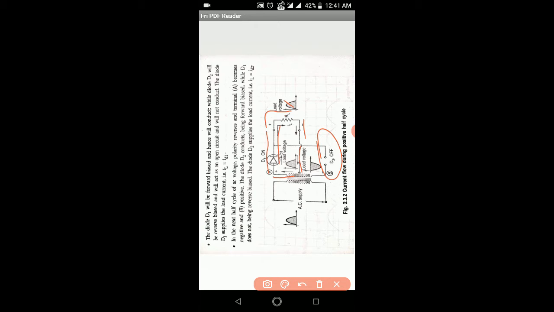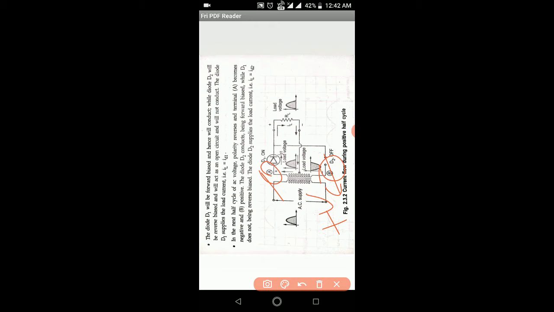In the next half cycle of the AC voltage, the polarity reverses and terminal A becomes negative. Here you can see there are two terminals, terminal A and terminal B. During the negative half cycle, terminal A becomes negative and terminal B becomes positive.